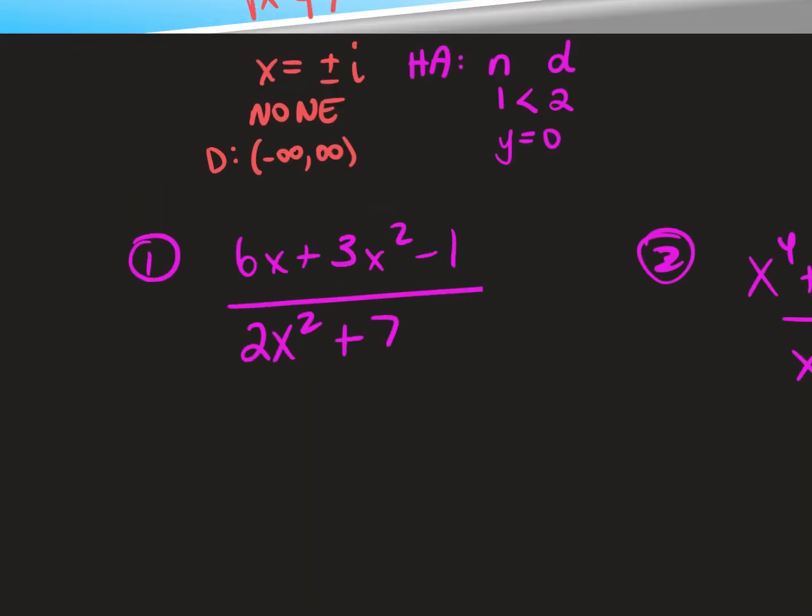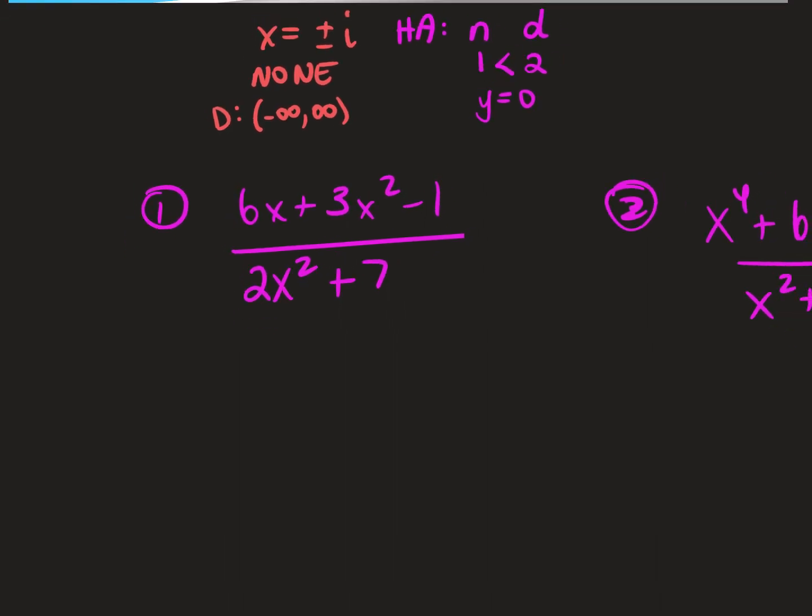If you're going to find the horizontal asymptotes, that's all we're looking at right here in these two examples I just now made up. What do you do to find horizontal asymptotes? You compare the numerator degree to the denominator degree.